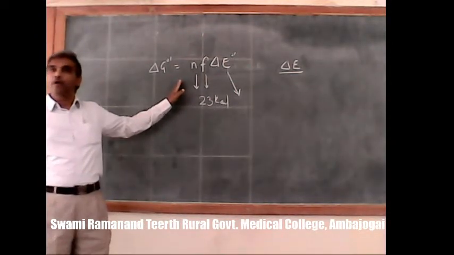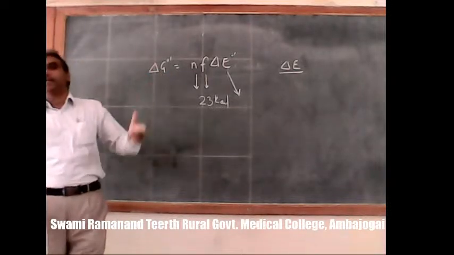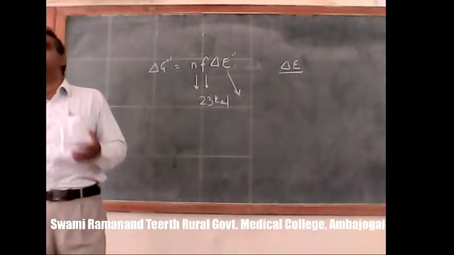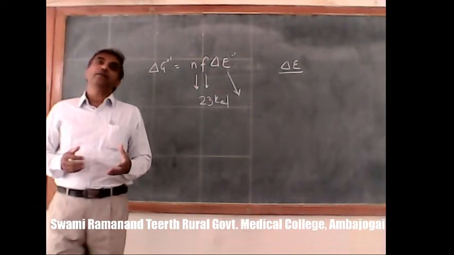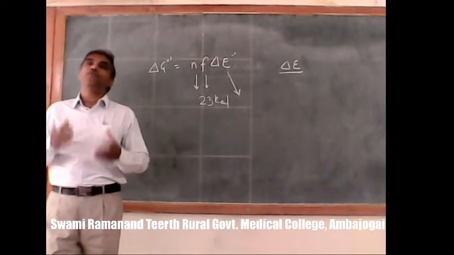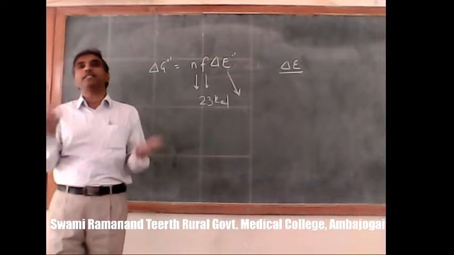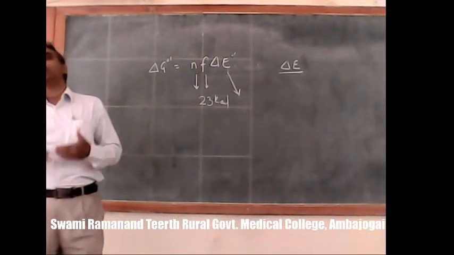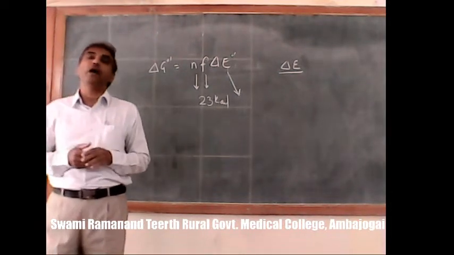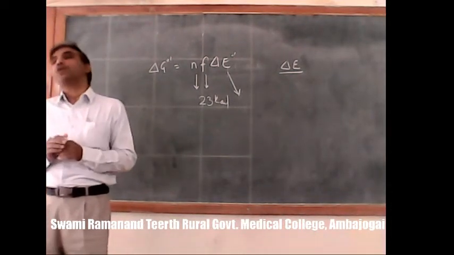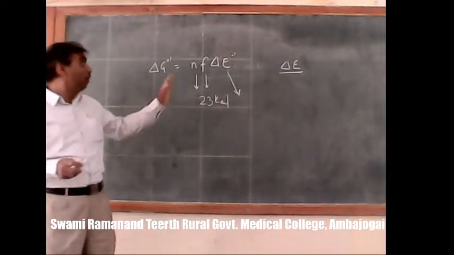The energy that is liberated. Why do we want to know the energy? Because that energy is used for capturing in the form of ATP. How much energy is liberated, whether that is useful to do work, which work is done, and how it is captured for the formation of ATP.